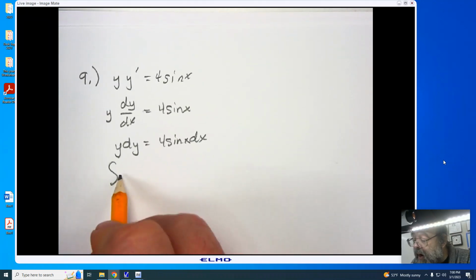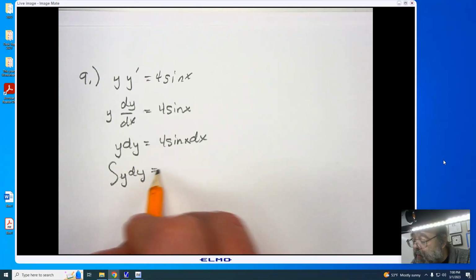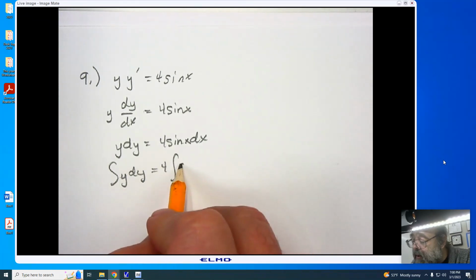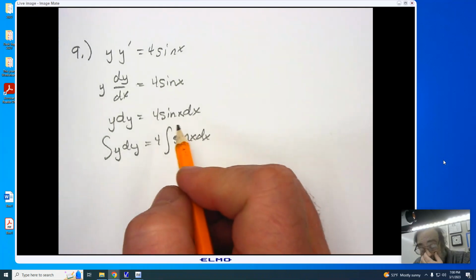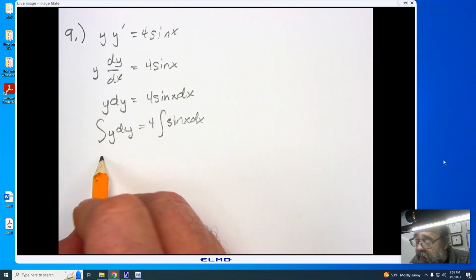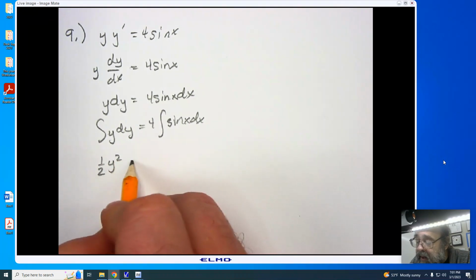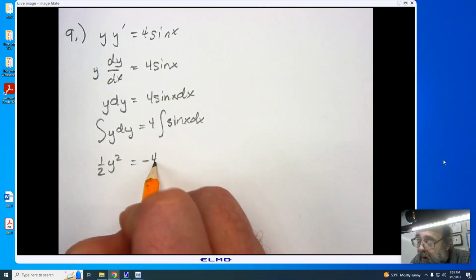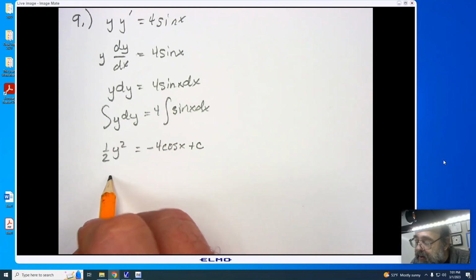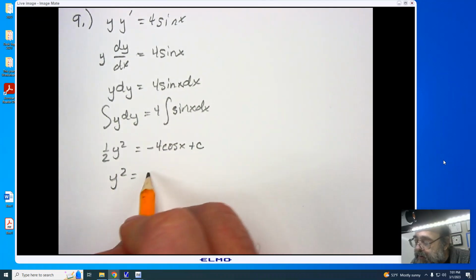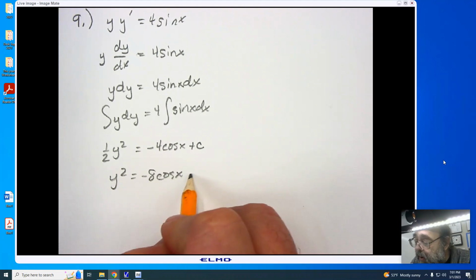I'm now going to integrate y dy equals 4 times the integral of sine x dx. As I integrate, I get 1/2 y squared equals negative 4 cosine x plus c. Multiplying by 2 gives me y squared equals negative 8 cosine x plus c.